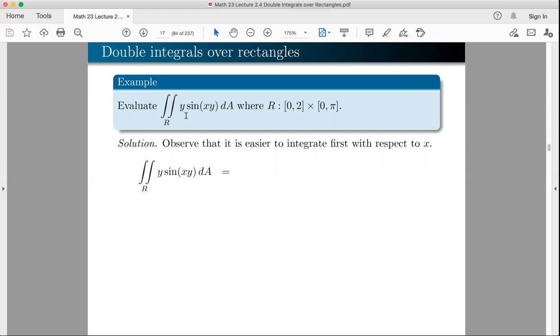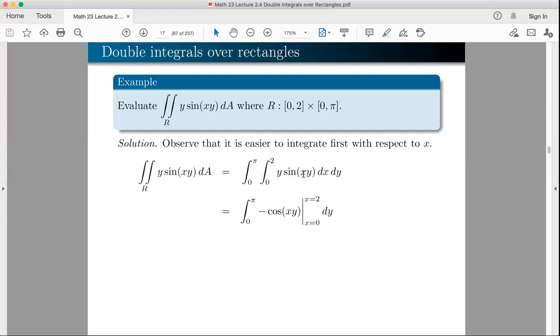And so we can set up the integral so that the inner integral will be with respect to x. The bound is from 0 to 2 for the x, and then outside is 0 to pi for the y. When you evaluate the inner integral, you just fix the y.